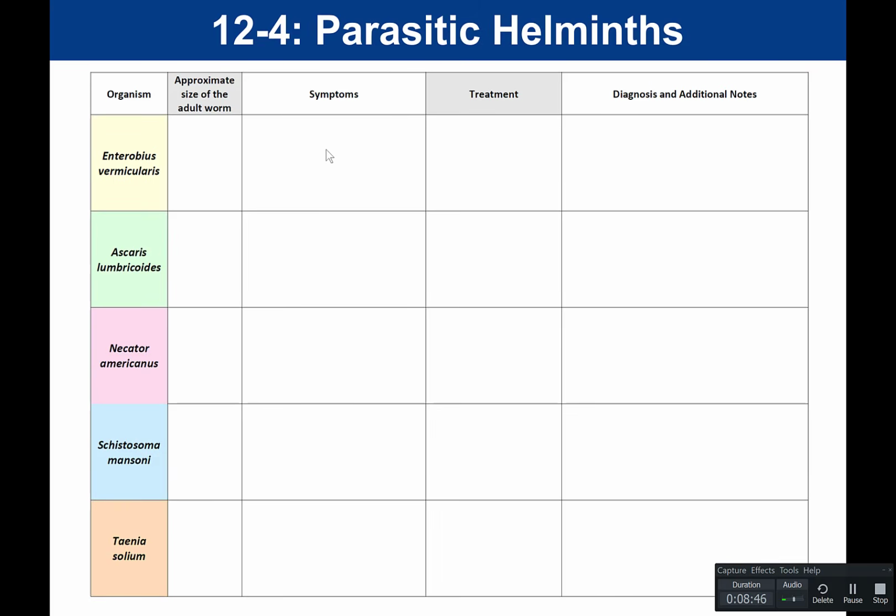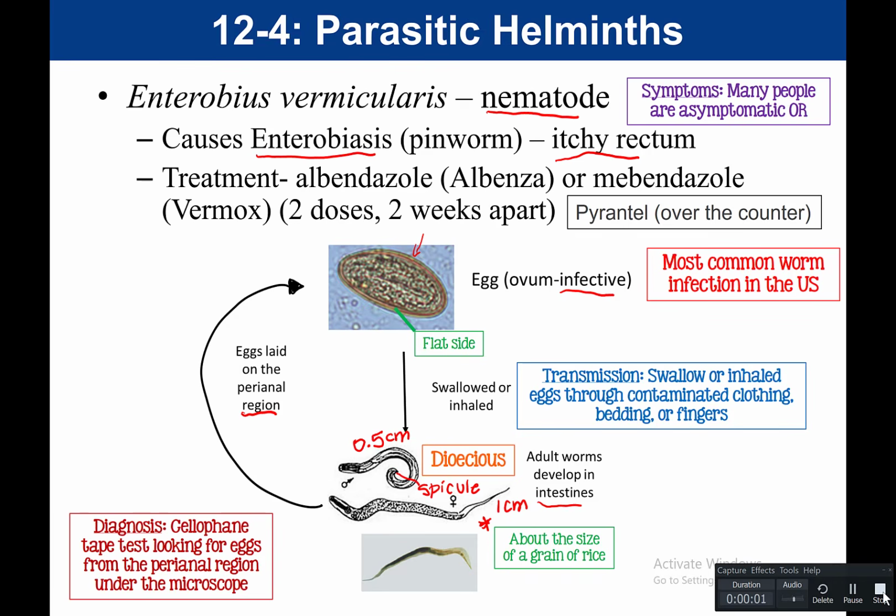Those things should be in your table, and therefore those things should be what you study. So when you're studying your helminths, you basically want to study what is on the slide. If it's written on the slide, underlined, or otherwise typed on the slide, that probably indicates that that is something that you need to know. These are the things that should be in your table.